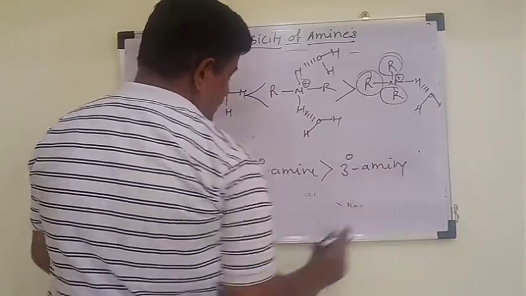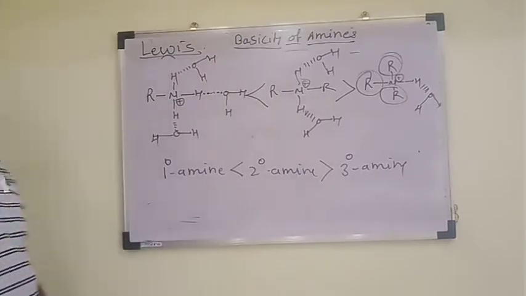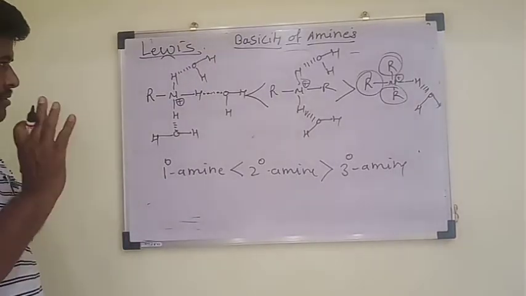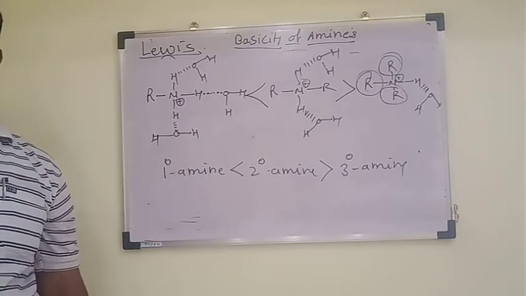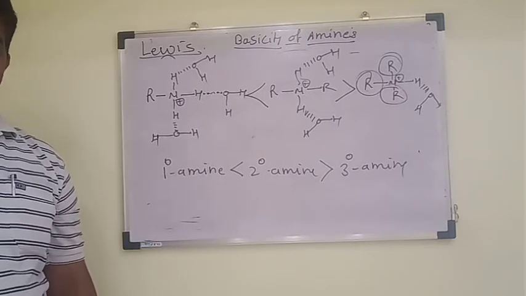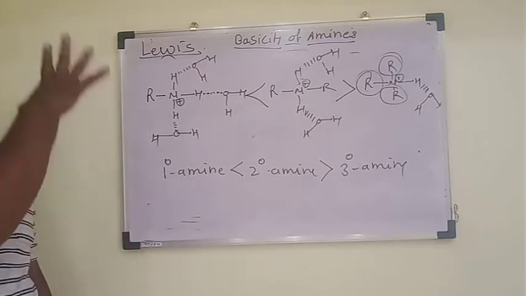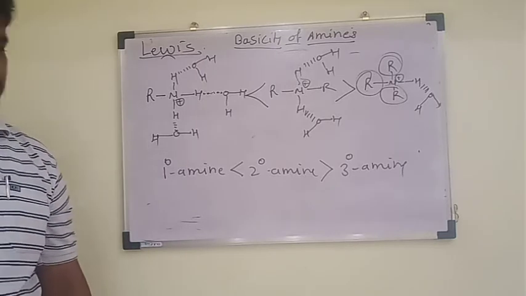So this is the correct order of basicity. So you have to remember, if a question is asked, explain basic nature of amines for 2 or 3 marks, then you have to explain all these things. Okay, so write this.